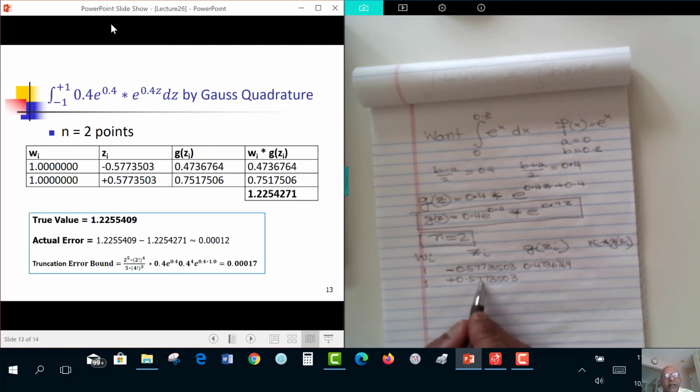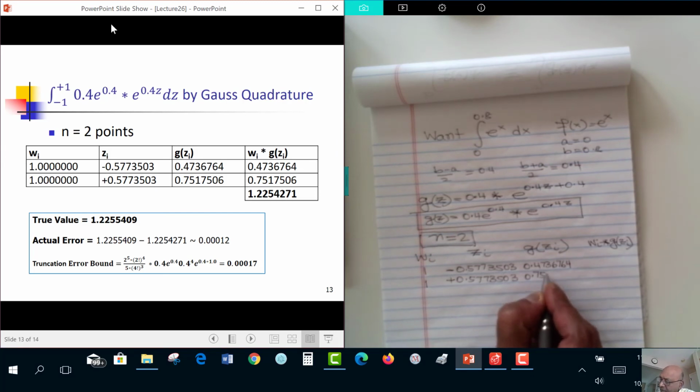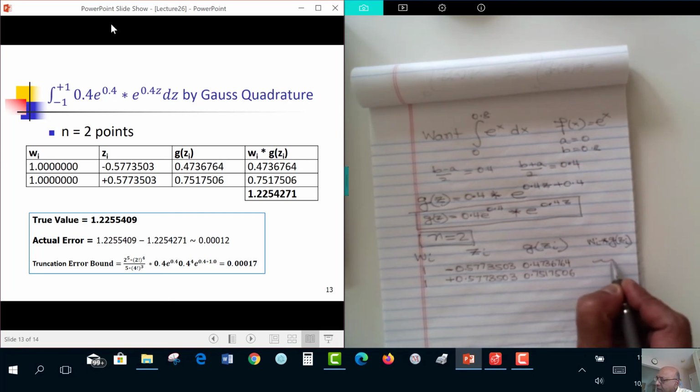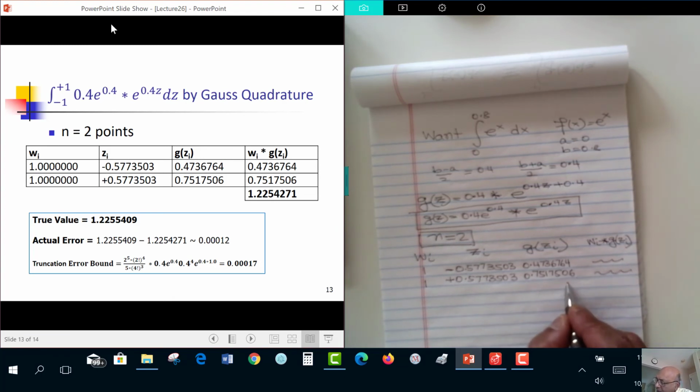Similarly, calculate at this positive z value, 0.751750. Then we can multiply these two in our calculators, total them up, and we'll get 1.2254271. So that's our Gaussian approximation.